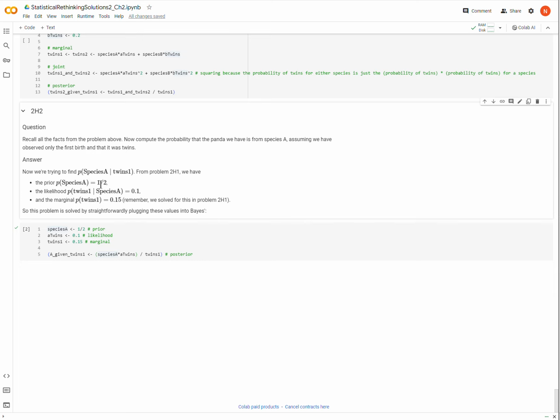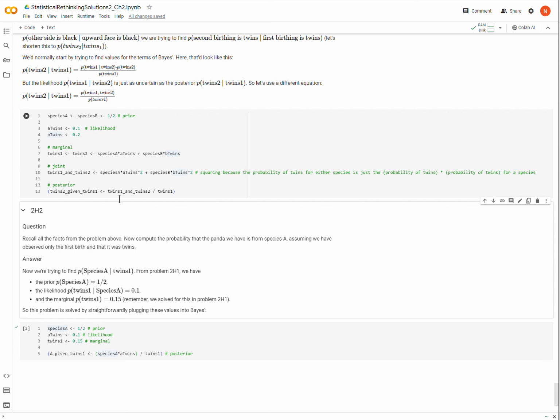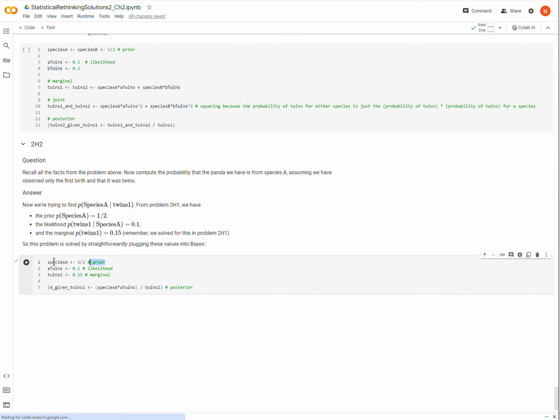From the previous problem, the prior probability for species A is 1/2, so that was here, and now that's here. The likelihood that we have twins, given that we're species A, is just 10%. That's what we had up here, and that's what we have here.